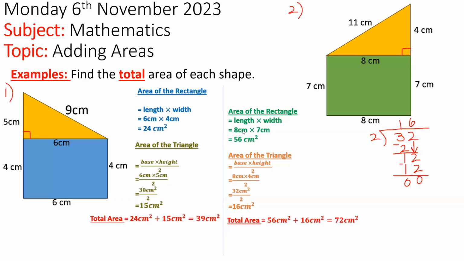Length times width, which is 8 times 7, that gives 56 centimeters squared. And then you go to the triangle, which is base times height, which is 8 times 4, and you get 32 centimeters squared divided by 2, which is 16 centimeters squared. Good. What else? And then you add 56 centimeters squared plus 16 centimeters squared, which is 72 centimeters squared. So to get the total area, you had to add them, right? Yeah. Good, perfect.